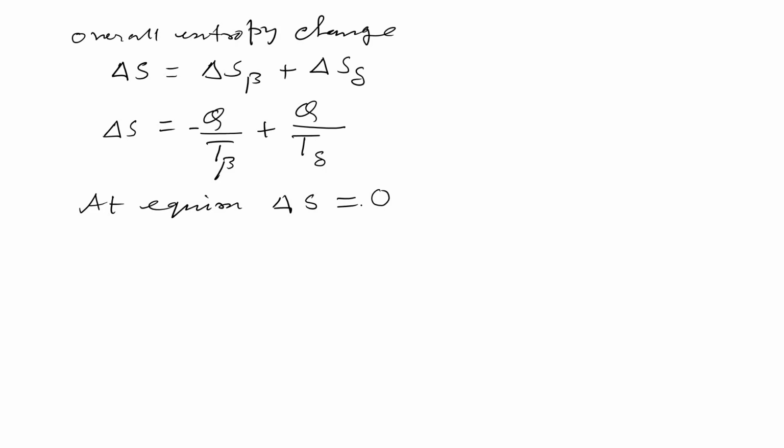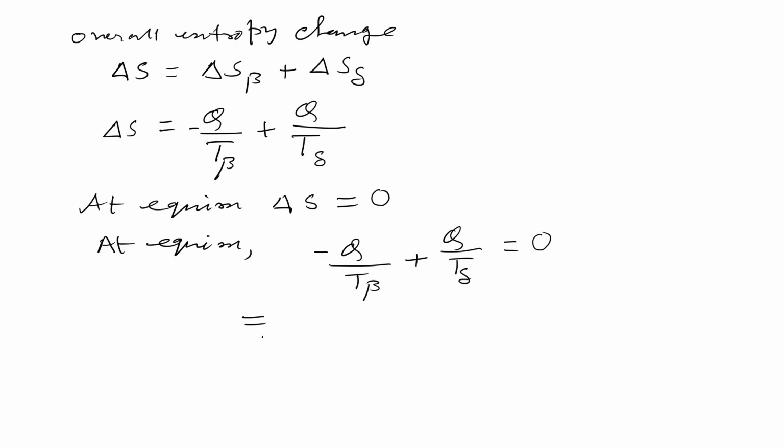We know for an irreversible process, what happens? Entropy increases, and at equilibrium, entropy will be maximum where the entropy change is 0. So, therefore, at equilibrium, I can write minus Q by T beta plus Q by T delta is equal to 0, right?